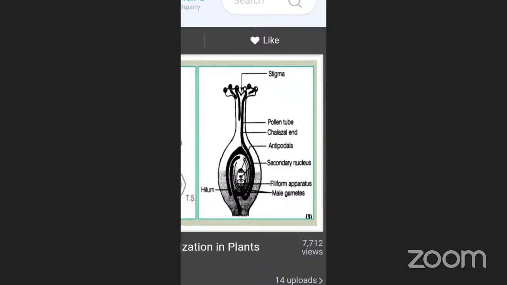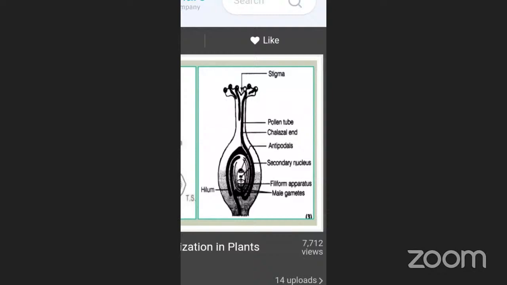Sometimes they enter through the chalaza tissue. That is called chalazogamy. Sometimes they enter by mesogamy, which means between the embryo sac and the integument.